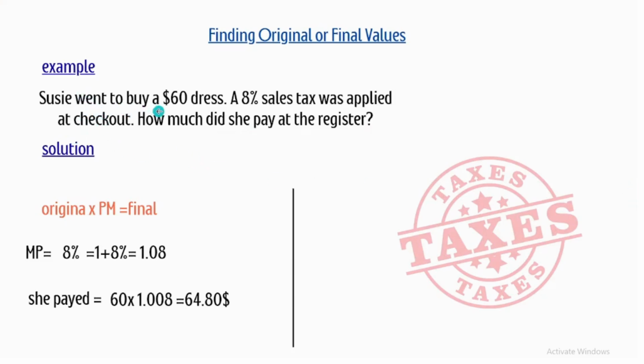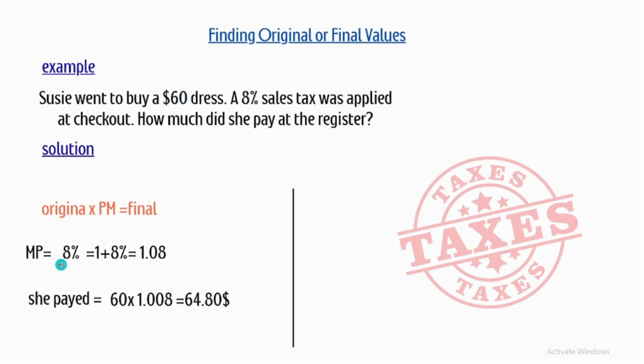Here, Susie went to buy a $60 dress. 8% sale tax. Don't confuse with this sale. Tax was applied, so that is addition. She will pay the cost of the dress and also pay the tax. At checkout, how much did she pay at the register? The original cost is 60.